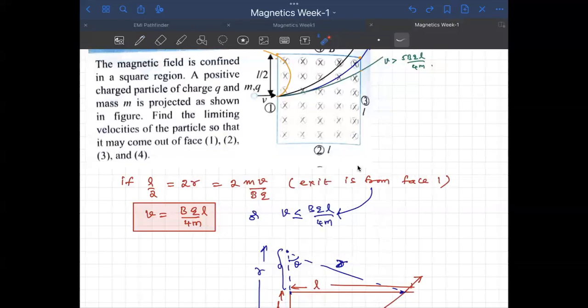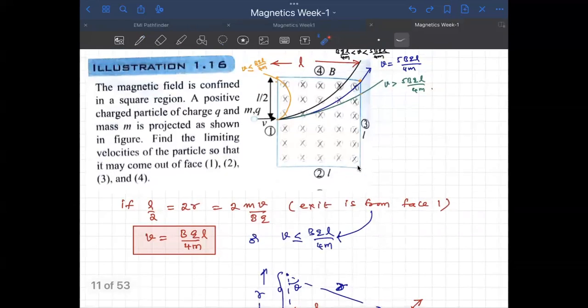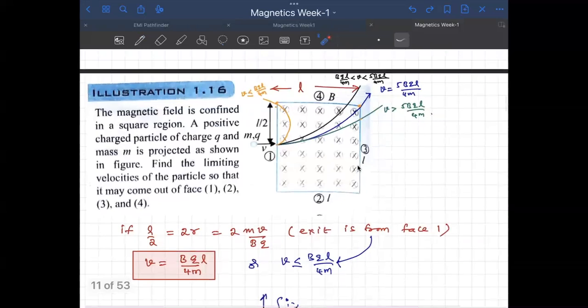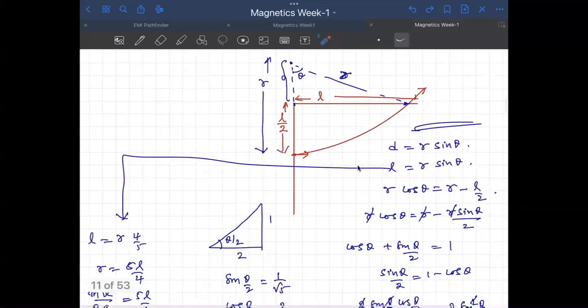What is the condition for face 4? See, for face 4, this is the condition. It enters here. This should be the limiting point.